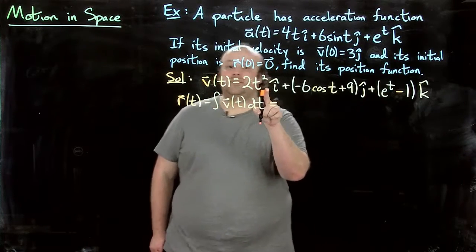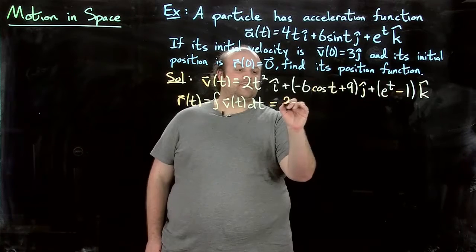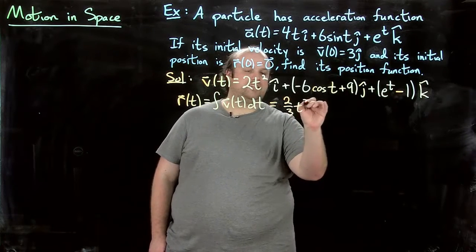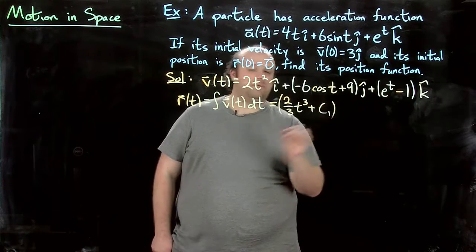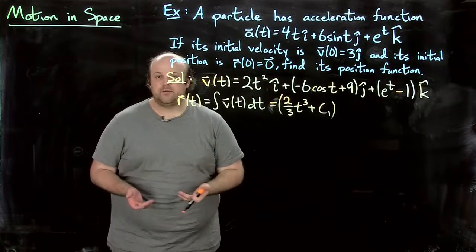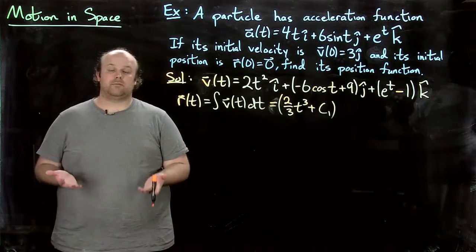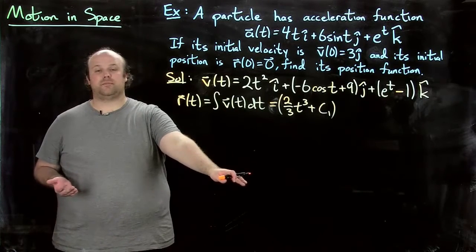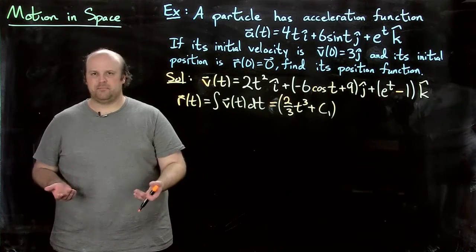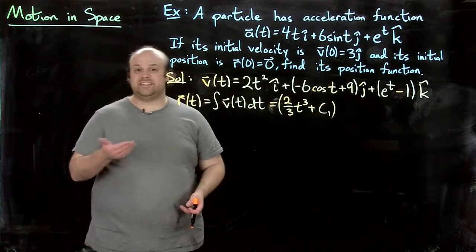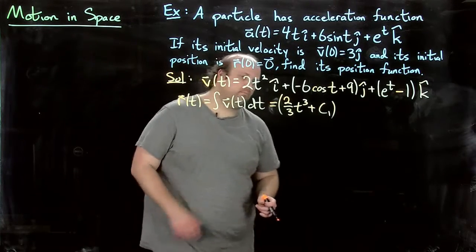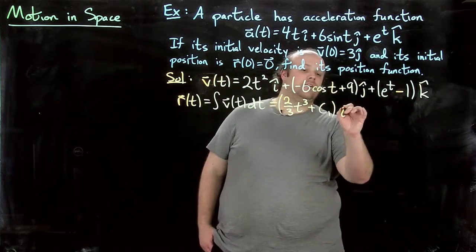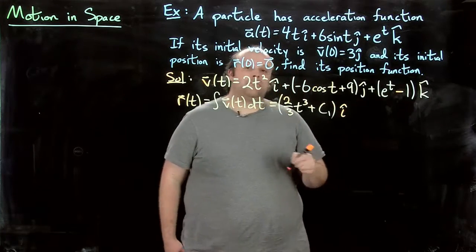So we integrate 2t squared, and that's going to give us 2/3 t cubed, right? Plus, we may as well use c's again. We could change it to another letter if we wanted. But since the c's from before are gone, we can just recycle them. But you can use d, you can use k, whatever letter you like. Right? So that's our i component.